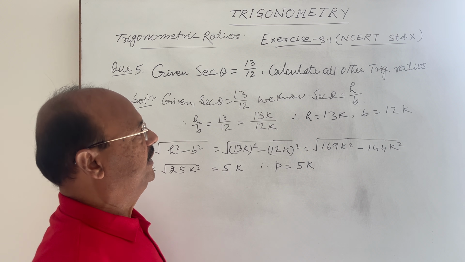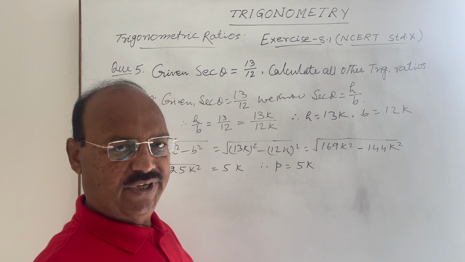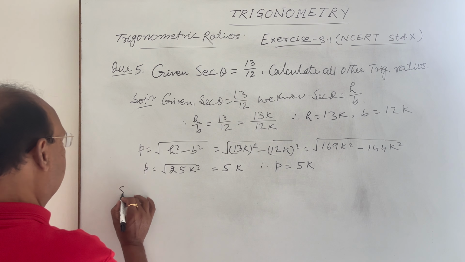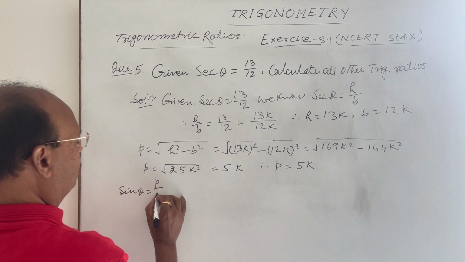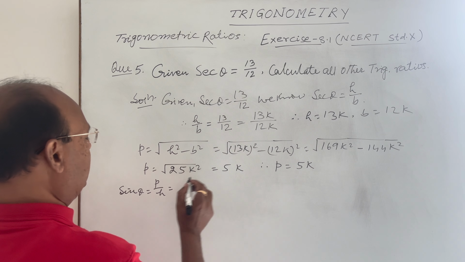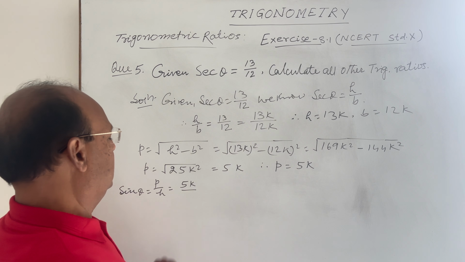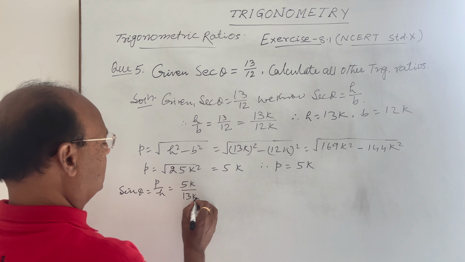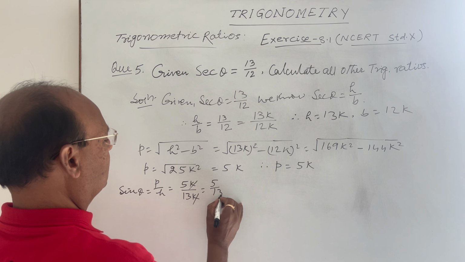Now we have to find out all other trigonometric ratios. Okay, so if you find sine of theta, you know sine theta is p by h, and p is 5k and h is 13k. k will be cancelled out. This is equal to 5 by 13.